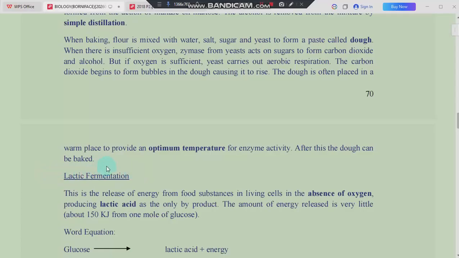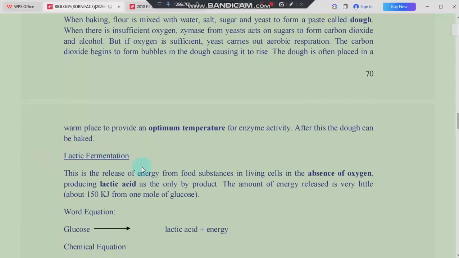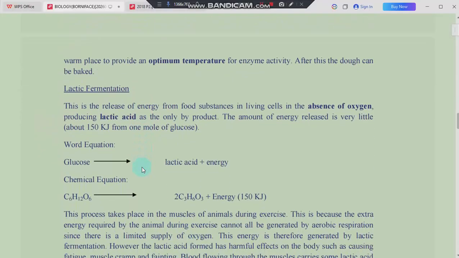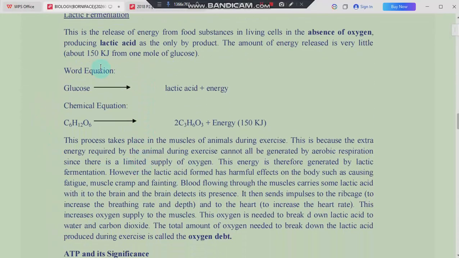So going into detail on lactic fermentation, we are saying lactic fermentation is the release of energy from food substances in living cells in the absence of oxygen, producing lactic acid as the only byproduct. The amount of energy released is very little. It is about 150 kilojoules from 1 mole of glucose.